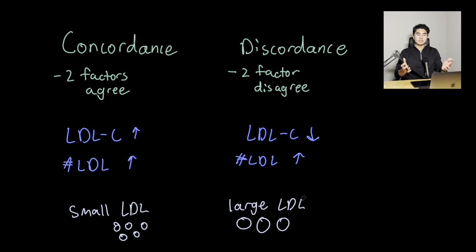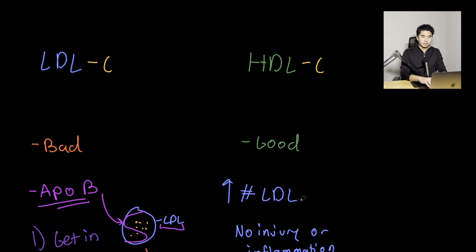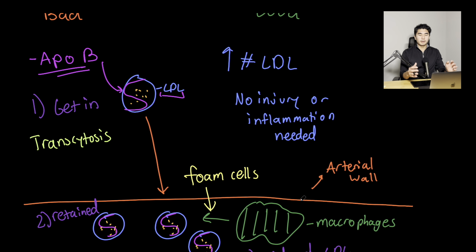So what this basically means is, if we go back to our diagram and we look at the response to retention model, the Apo-Bs, those LDLs, have to enter the arterial wall first. They have to be retained in there, and then they have to oxidize, or they have to go through that immune system response, get consumed by that macrophage to form those foam cells, and then a plaque will eventually form.